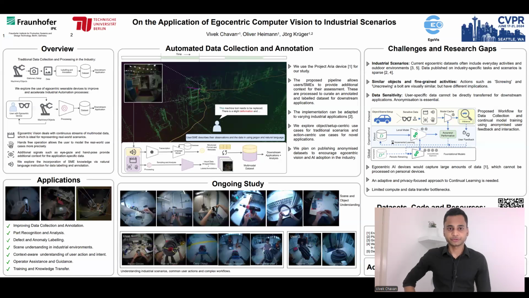This is a poster from the recent CVPR workshop that we presented, and it goes into detail on our approach. As I said, we are using a multimodal approach. First of all, vision, and also language. The goal is to try and bridge the gap between subject matter expertise and the digitization process, which the subject matter expert may not be very familiar with, but with the help of these devices can very easily explain and digitize their processes, which can then be used for downstream applications.